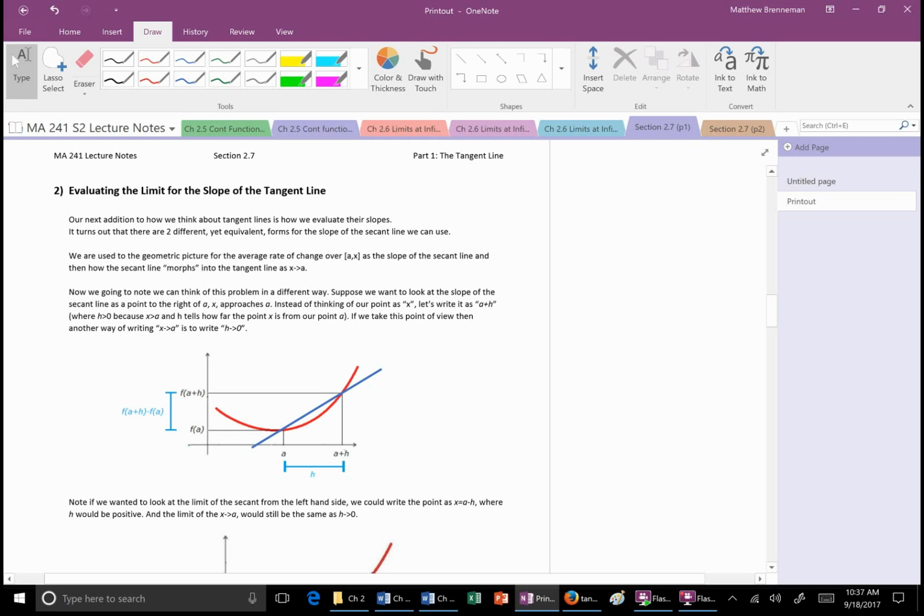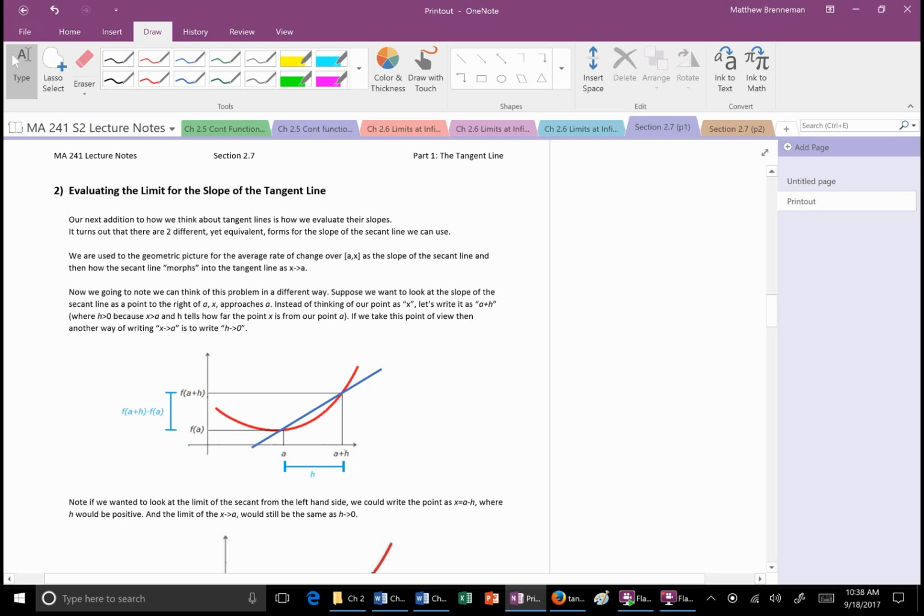We still have our point a and f of a, but instead of calling the other point x and f of x, let's think about this point as a plus some distance h from a. So this is the point a plus h, and I just evaluate its function. These two points both have to be on the curve. This is f of a plus h. A different way of thinking about it.